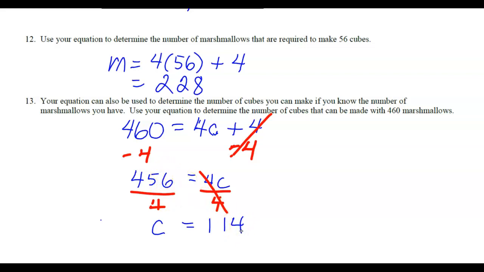Okay, so if you have 460 marshmallows, you can make exactly 114 cubes joined together like that. So those are relations shown by a set of ordered pairs, shown by an arrow diagram, shown by a graph, shown by an equation. The equation is the easiest way to find missing values.